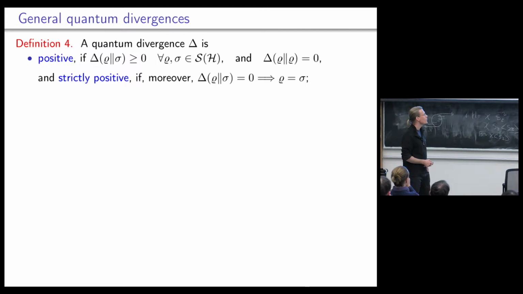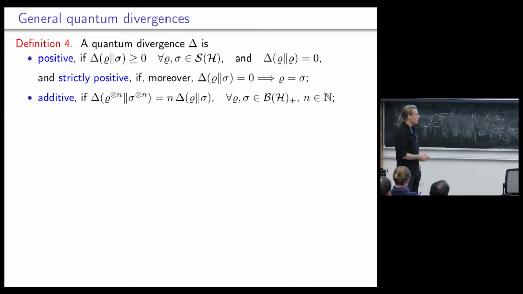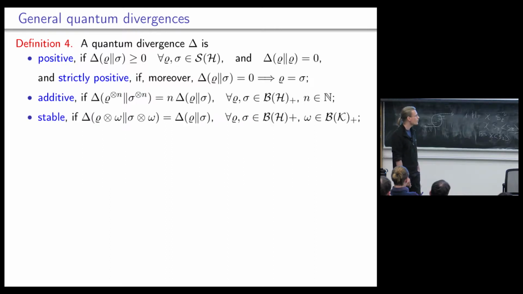And it will be strictly positive if this is the only case when it can take 0. Okay, so that's positivity. We like if it's additive. So if you take tensor powers, then it's just n times the divergence of the single copy operators. In the context of thermodynamics, this is extensivity of the quantity. And indeed, we will see it's related to the extensivity of entropy.